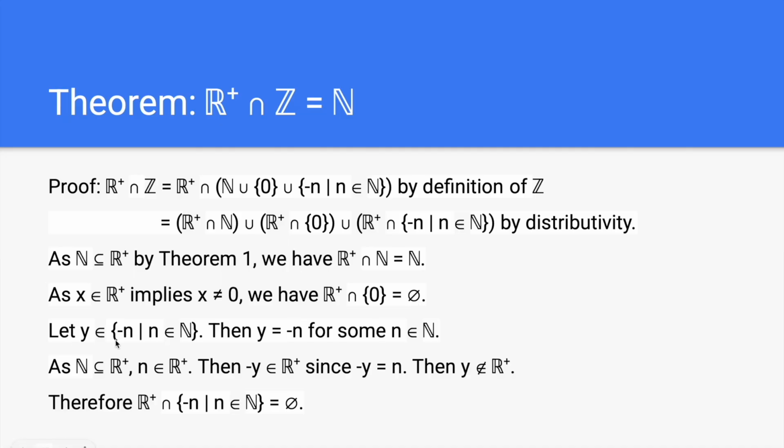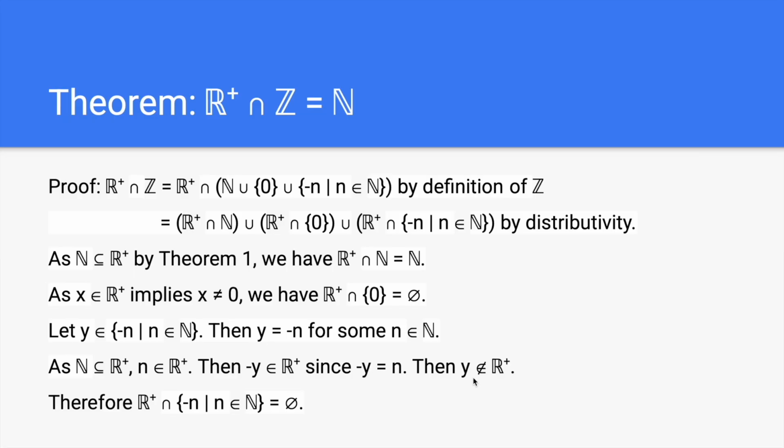Let y belong to the set containing all negative n such that n is a natural number. Then y equals negative n for some natural number n. As ℕ is a subset of ℝ⁺, n belongs to ℝ⁺, then negative y belongs to ℝ⁺ since negative y is equal to n.